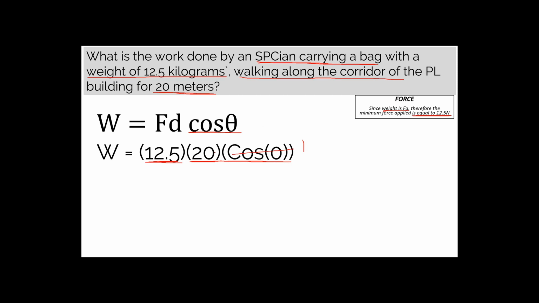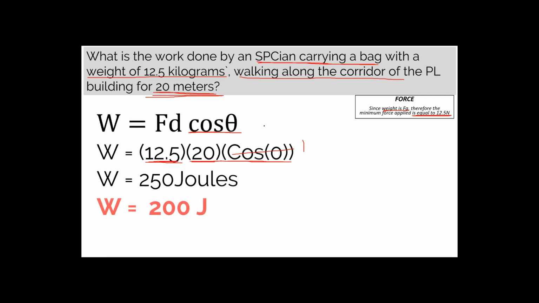So 1 times 20 times 12.5, that is equal to 250 joules. Since the least number of significant figures we have is only 1, which is in 20 meters, we round this to one significant figure, that is equal to 200 joules.